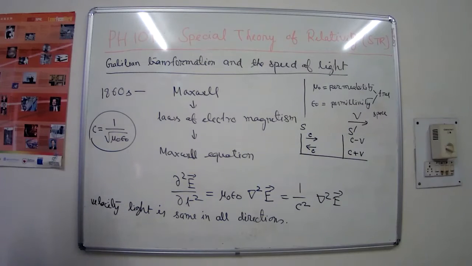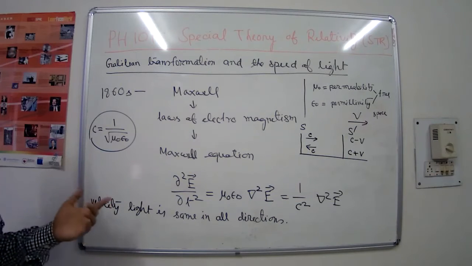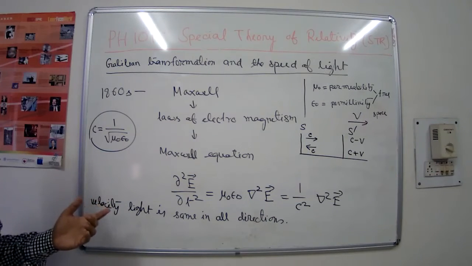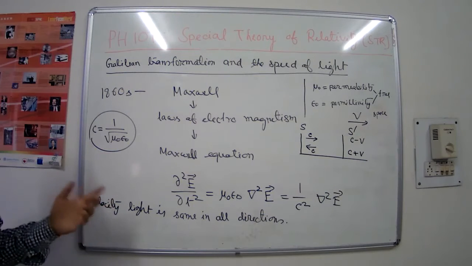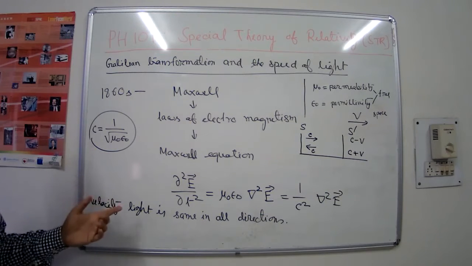It means Maxwell's equation can be valid only in frame S, it cannot be valid in frame S prime. That is as per the classical physics regime. It means classical physics is not able to explain the validity of Maxwell's equation.